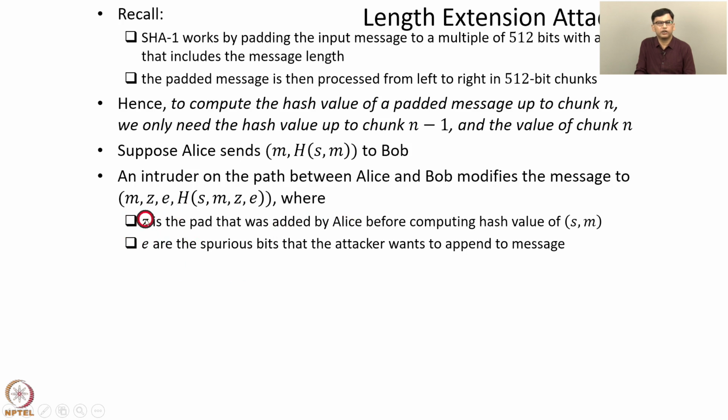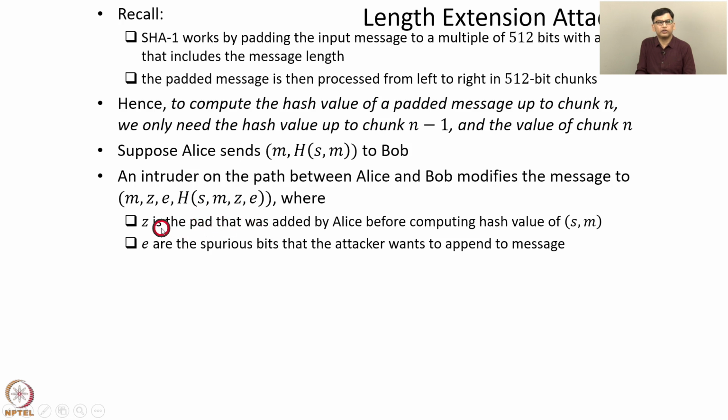But the intruder cannot directly append E to M, because then the intruder would not be able to compute the hash value h(S, M, E). So the intruder has to first calculate the padding Z that was used by the sender Alice, and then add the padding Z, append the spurious bits E to it, and then compute h(S, M, Z, E).